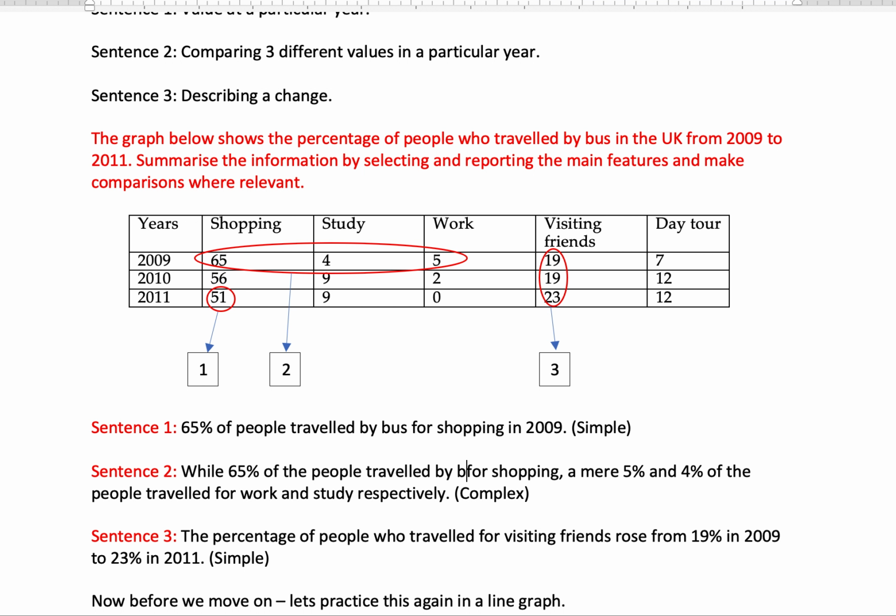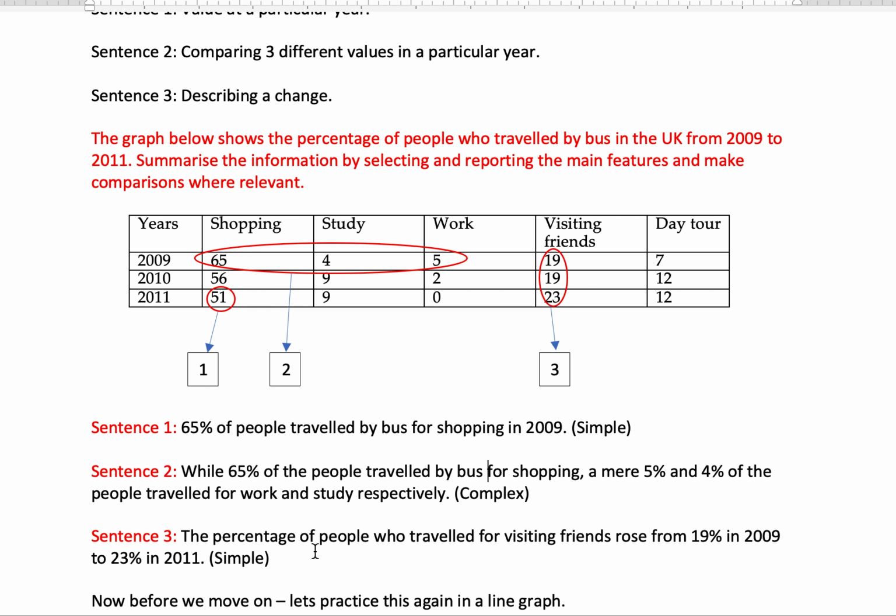It is by bus in all the cases, so it's not very important to write by bus every time. So this is the sentence 2. It is using while and then a comma here and then the rest of the information. So while for one, this, and then after a comma these two figures and these two purposes. So this is a complex sentence.